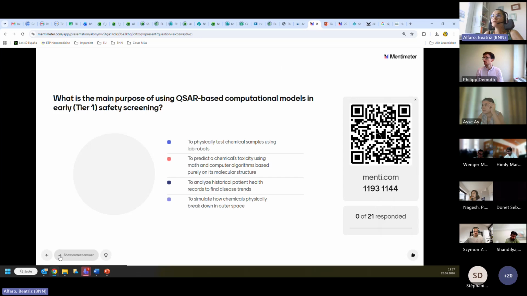The first question is: what is the main purpose of using QSAR-based computational models in early tier 1 safety screening?